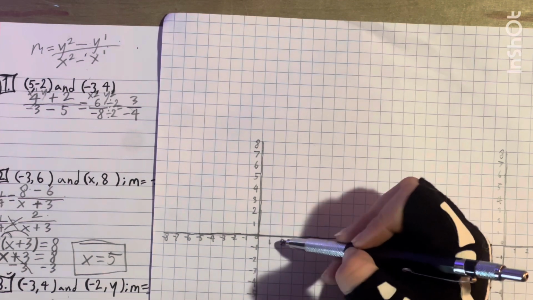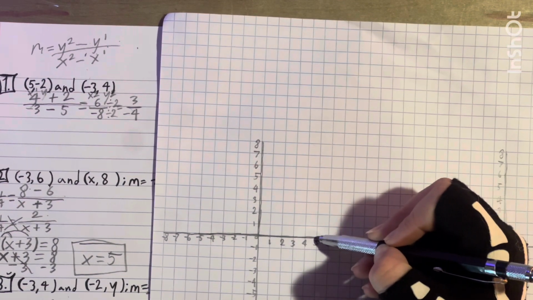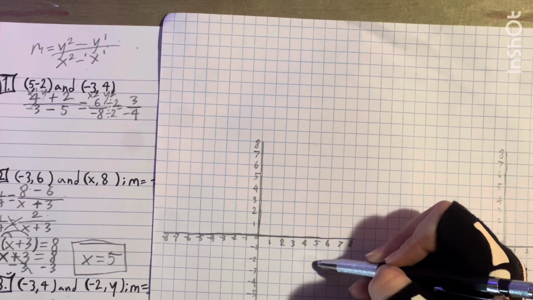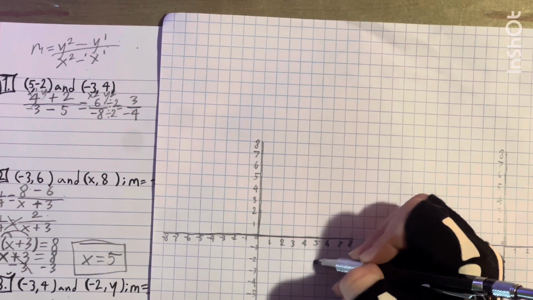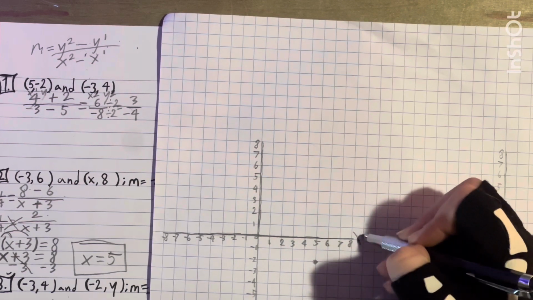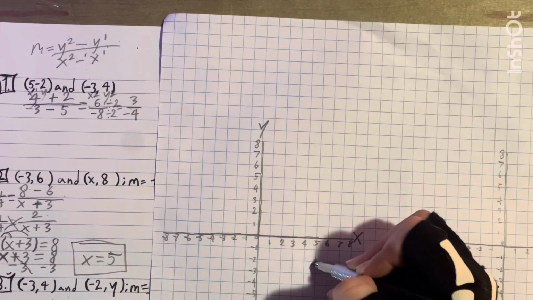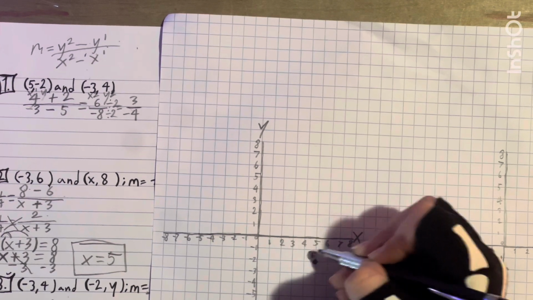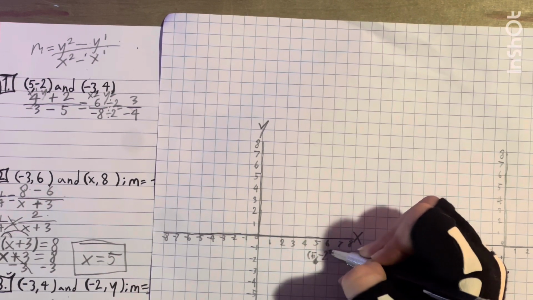You find that on the graph. 5 here, and then negative 2 right here, x and y. Five, negative 2.